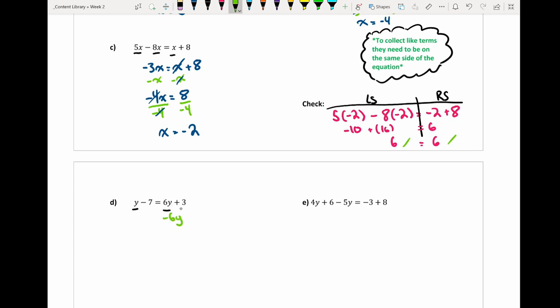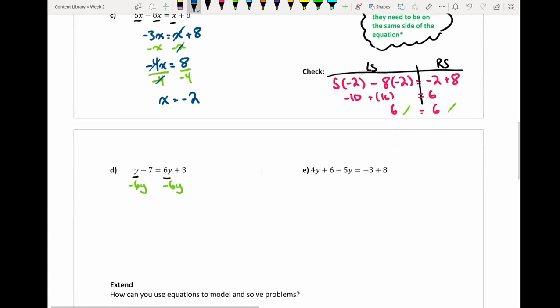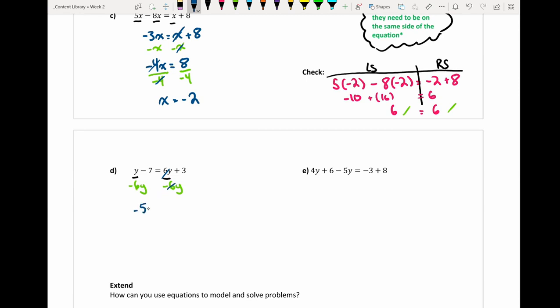In order to do that, I'm going to do the opposite. I'm going to keep things balanced by doing it to the other side as well. It'll cancel out on one side, y minus 6y, or 1 minus 6 is negative 5y, minus 7 equals 3.